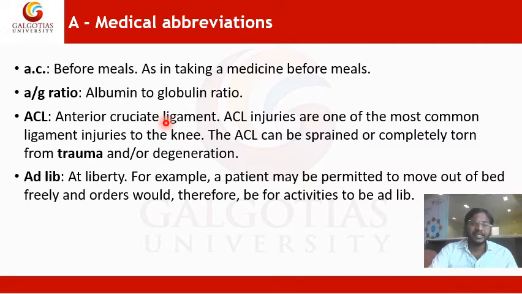This ligament is present near the knee joint. Next one, AD lib, L-I-B, at liberty. It's called at liberty. For example, a patient may be permitted to move out of bed freely, and orders would therefore be for activity to be ad lib. It means one patient is taking continuous treatment on the bed, like unconscious.